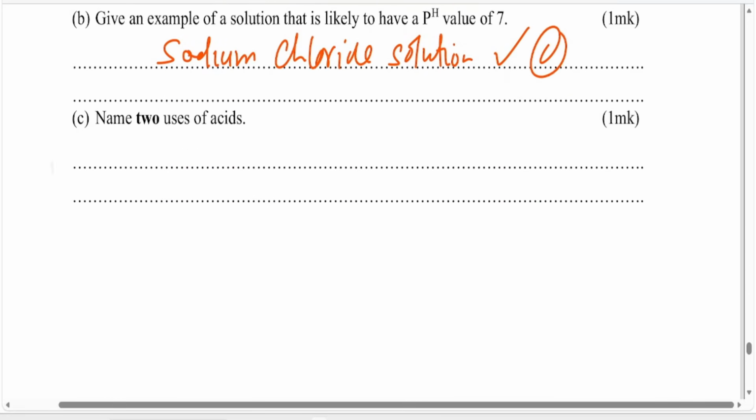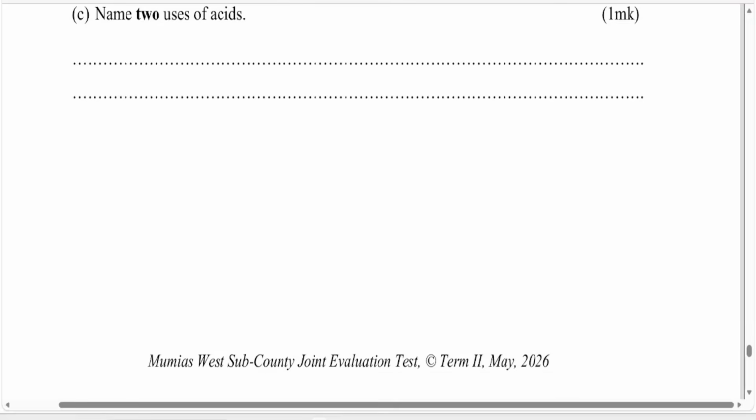Name two uses of acids. Here you have to give specific examples of acids as you give the function. So sulfuric acid is used in car batteries.